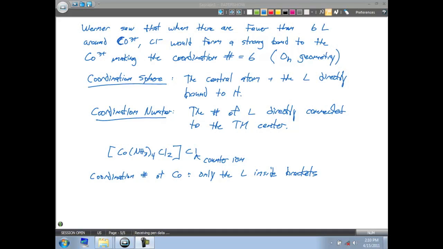So if we're analyzing the coordination number, in this case, we just look at everything that's inside these brackets here. So the coordination number of the cobalt, in this case, is going to be 6. It's coordinated to 4 ammonias plus 2 Cl minuses.